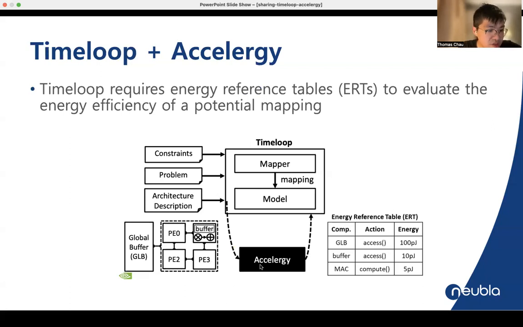So Accelergy takes the architectural description and generates the energy reference table, which we call the energy per action of each architectural component. Then Accelergy sends the energy reference table to Timeloop. In this example, GLB is the global buffer, a storage unit that can be accessed, and each access consumes 100 picojoules.